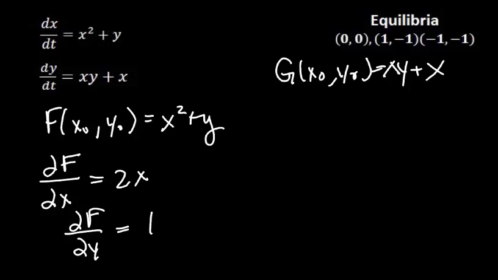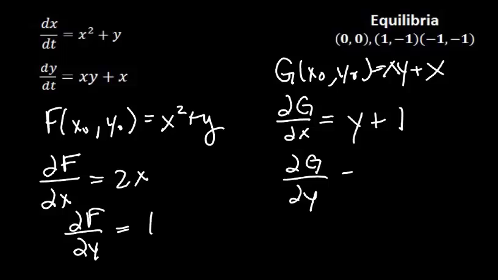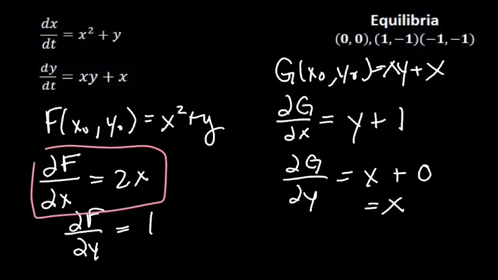So dg/dx with respect to x is equal to y plus 1, and dg/dy with respect to y is equal to x plus 0, or just x in this case. Then we have all of our different parts, which we can use for our linearization equation, which we can plug in.